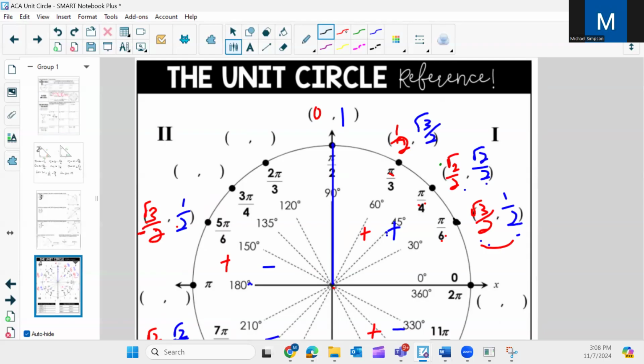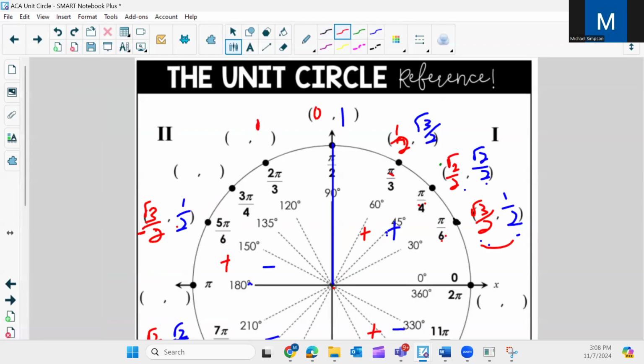I should use blue. It's square root of 3/2. And the cosine is just, that's red, but the x is going to be negative right here.